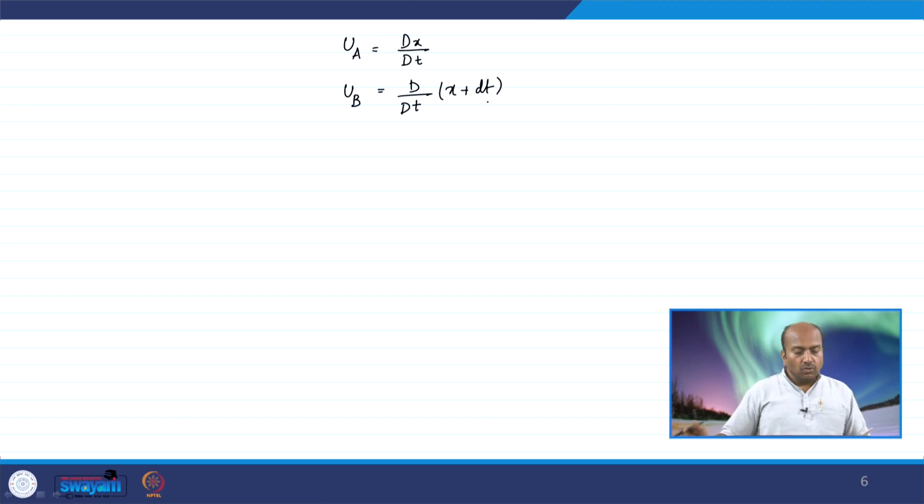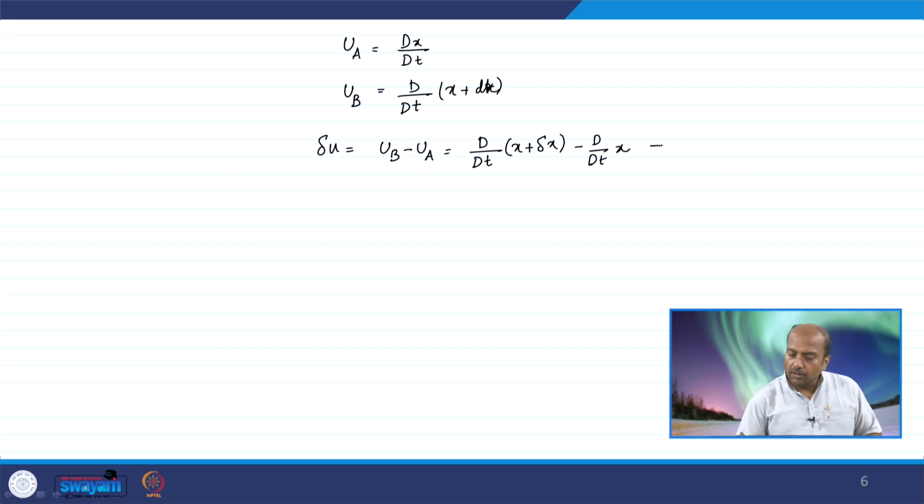So the difference in these two speeds will simply be equal to the rate of change of velocity. So delta u is ub minus ua, which is D by Dt of x plus dx minus D by Dt of x, or simply put, delta u is equal to D by Dt of delta x.